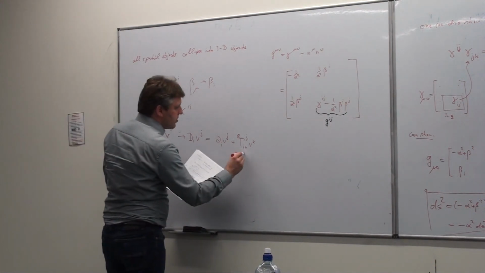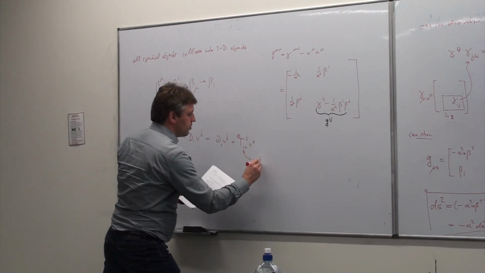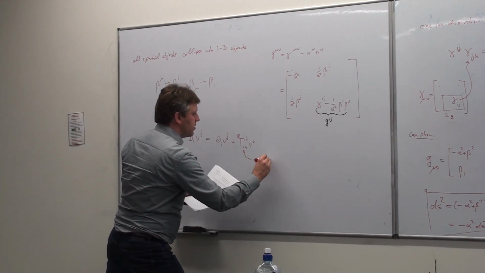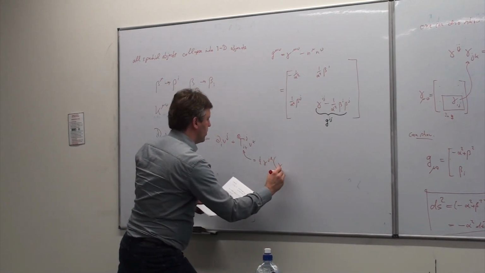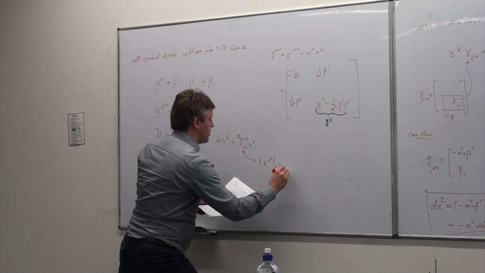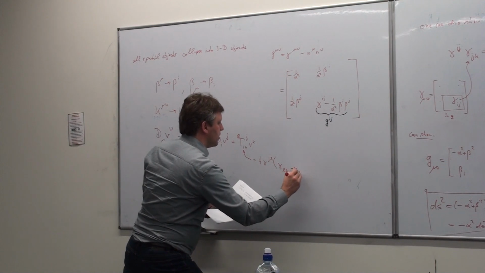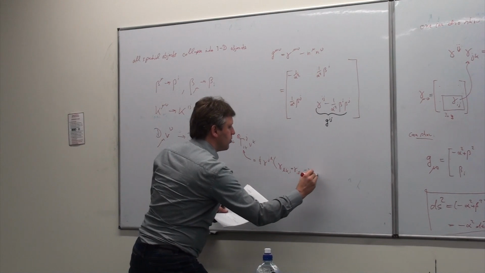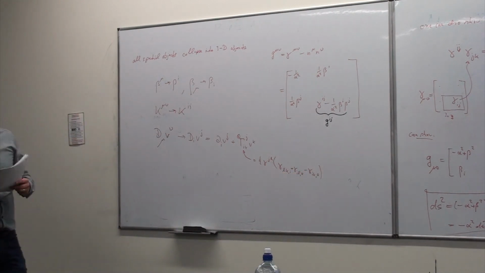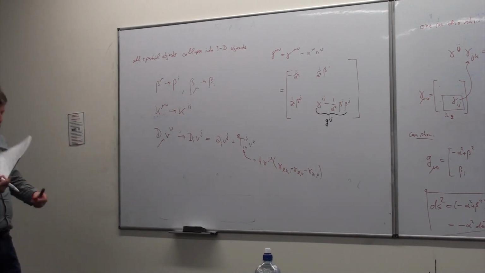And these Christoffel symbols are defined the usual way as you would define Christoffel symbols based on the spatial metric: gamma l k comma i plus gamma i l comma k minus gamma i k comma l. So once you adopt coordinates, all the spatial things just become usual differential geometry with one fewer dimension.